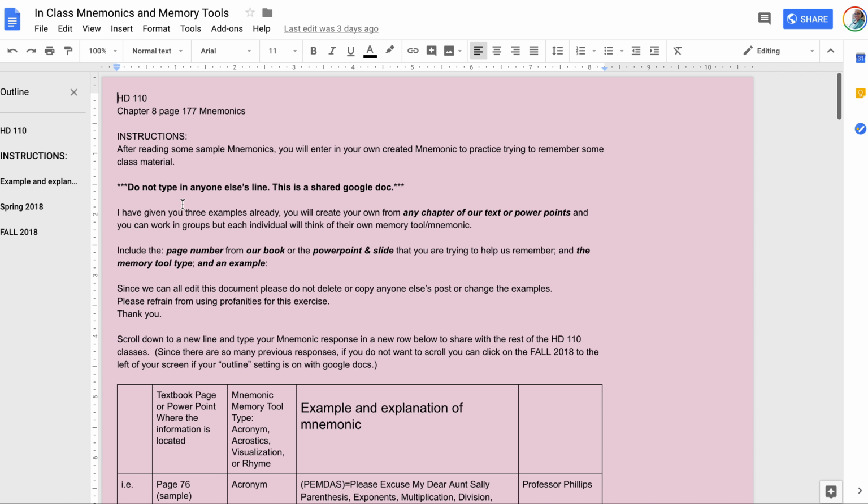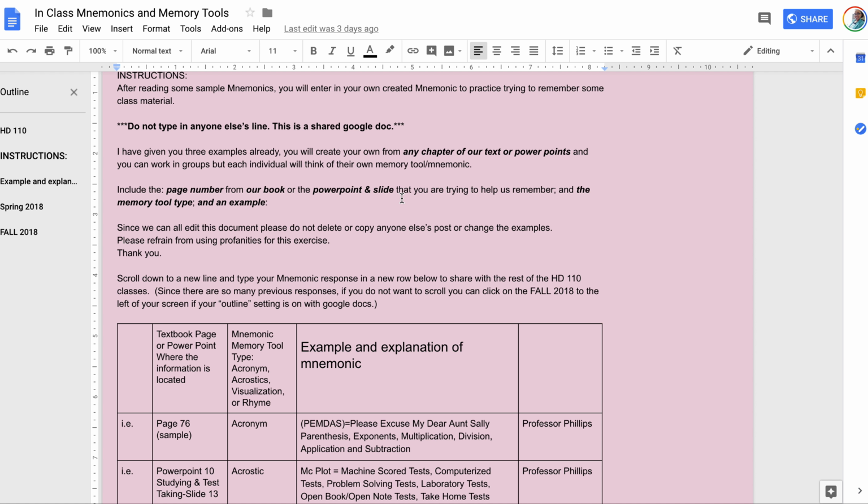I gave you 3 examples right here below, and you can use any chapter of our textbook, any PowerPoint. You're just going to have to look for that page number of our book and the PowerPoint slide if you choose to do that. So again, you're going to create your own mnemonic, and you're going to try to remember something important from the textbook. It's up to you what you determine is important and what you try to make a mnemonic to remember.